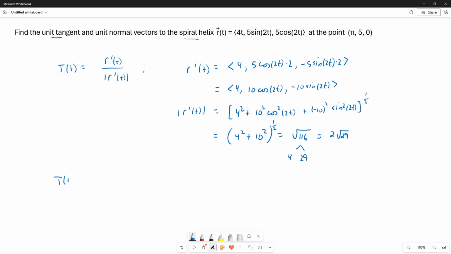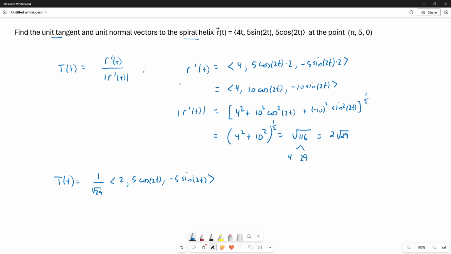So T of t, the unit tangent vector, is this vector here times 1 over this number here. So I can factor out a 2, and I get 1 over the square root of 29 times ⟨2, 5 cosine 2t, negative 5 sine 2t⟩.